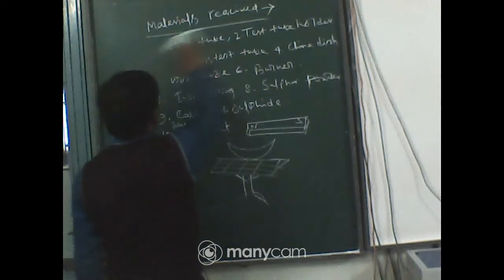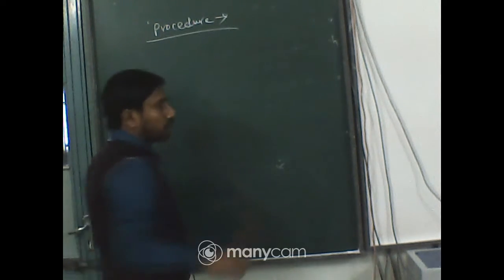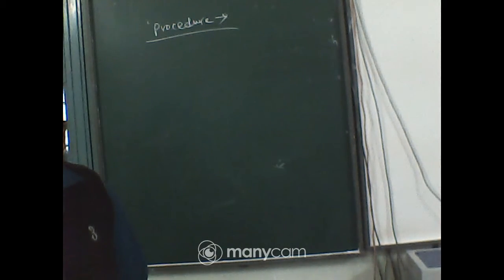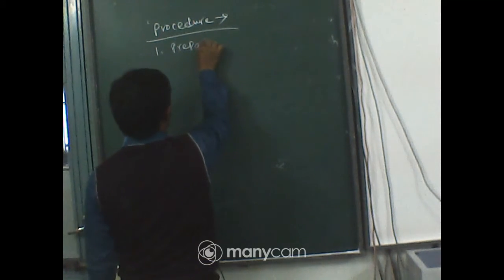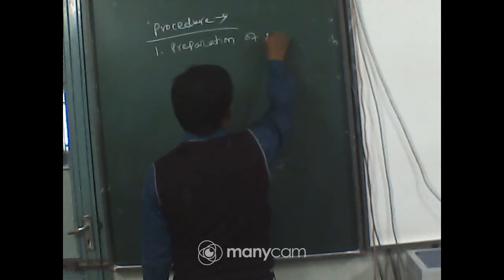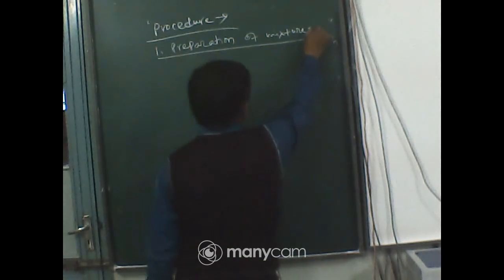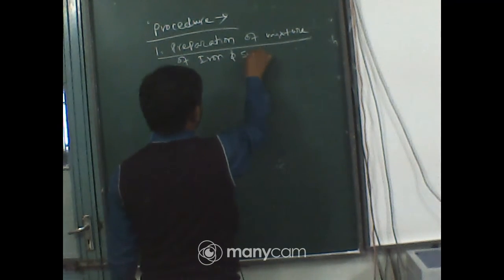Okay. So, next point, write it: procedure. Procedure number 1: preparation of mixture of iron and sulfur powder.